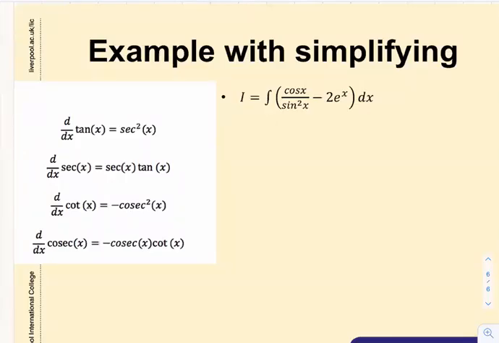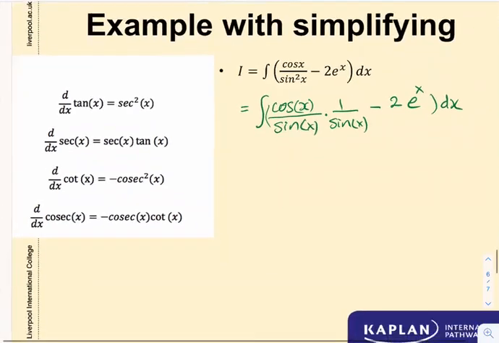Okay, so in this question, we can simplify first before we carry on. And we put here I equals, just to make it easier instead of every time writing the integral equals. So this can be equals the integral of cosine x over sine x, I write it this way, multiplied by 1 over sine x, so this is the sine squared, minus 2e to the power x dx.